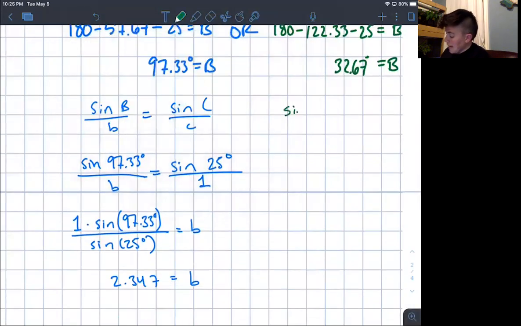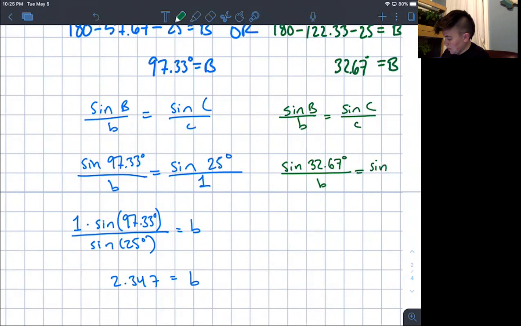And then I'm going to do the exact same thing over here, except I'm going to use the new angle that I found for B. So sine of 32.67 degrees over B equals sine of 25 degrees over 1.